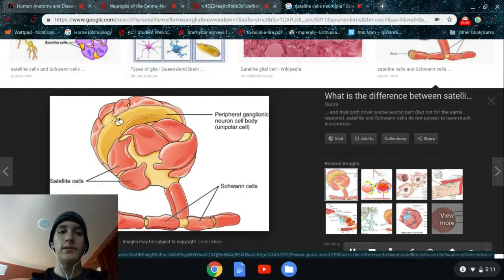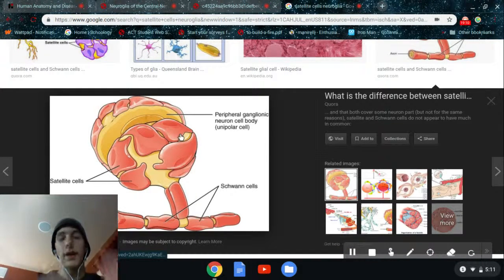Satellite cells protect cells like this. It's called a ganglion, where the cell body is on this side. Schwann cells are around, myelinating the axon. Satellite cells protect the ganglia.